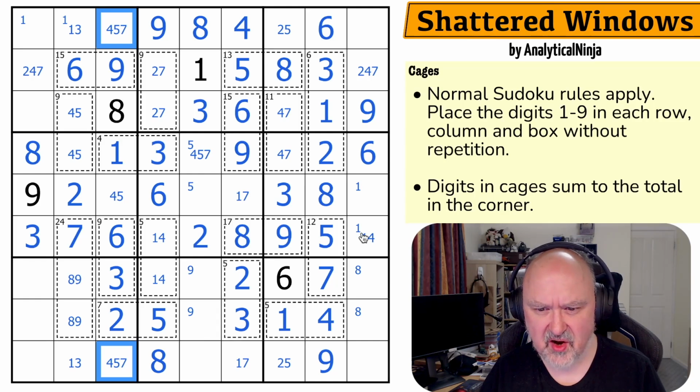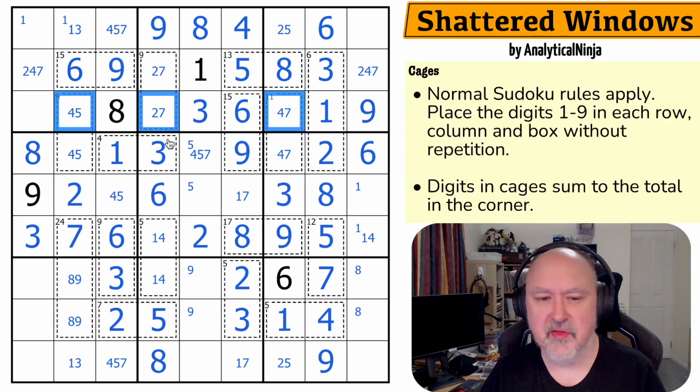Because everything's kind of down to pairs anyway. I think I've really dropped the ball on this one. I'm not going to blame the heat because it's currently 33 degrees Celsius in this room.